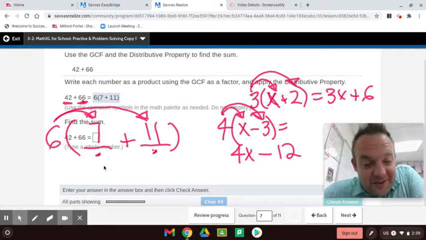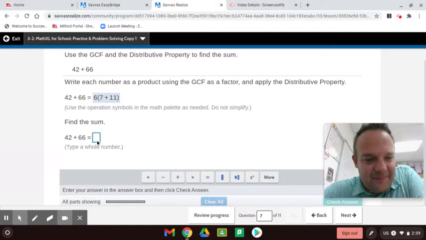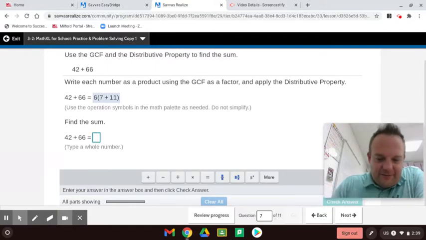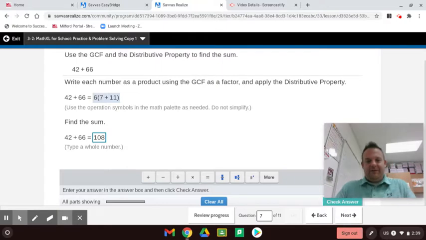I agree with the student that it's probably just easier to add it up, but we do it this way to get you ready for the algebra, okay? All right, so I'm just adding it up like normal myself to get 108.